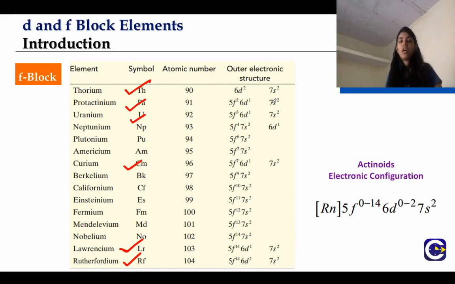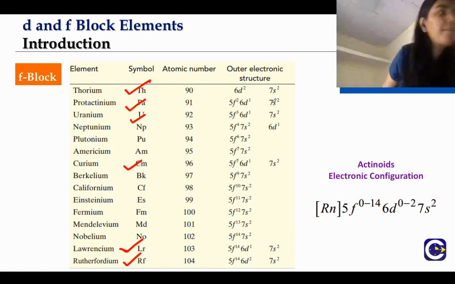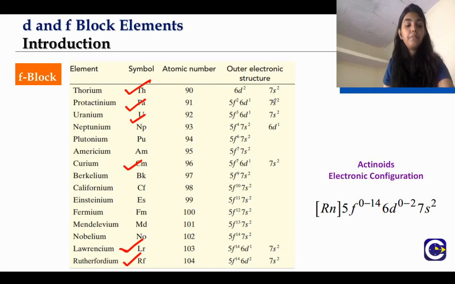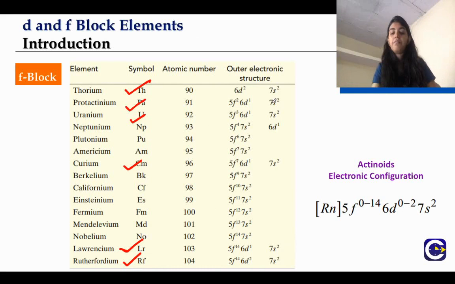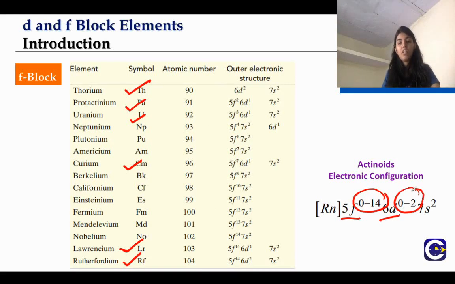You can just jot down the configurations and then we will move on to the next slide. So next we will have the general electronic configuration. You can remember that 5f has 0 to 14, 6d can have 2, 1 or 0, and 7s2 is already there.